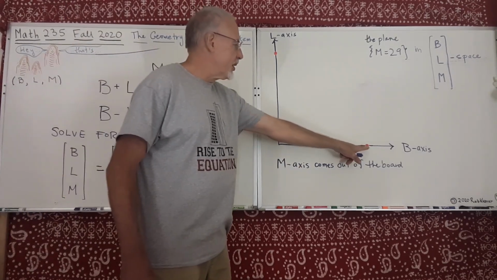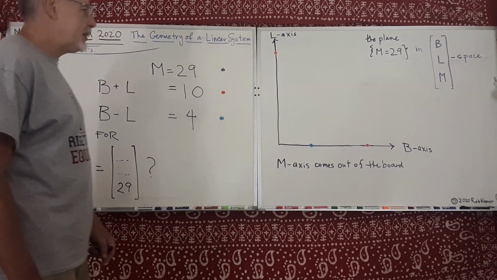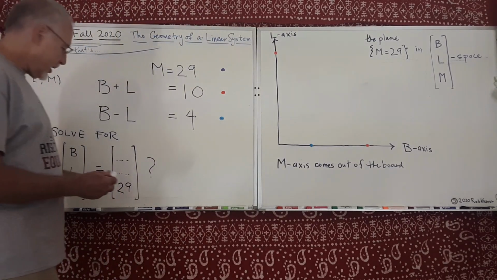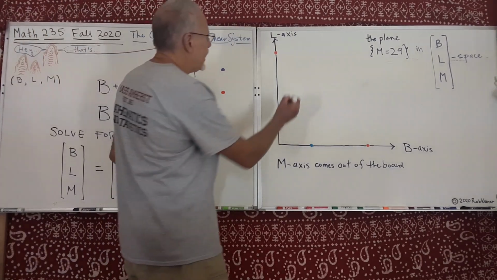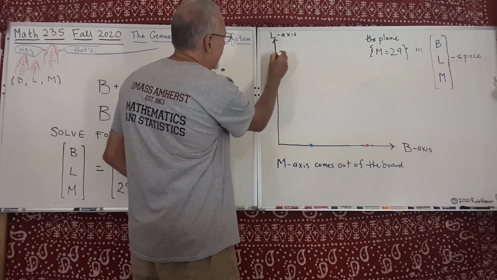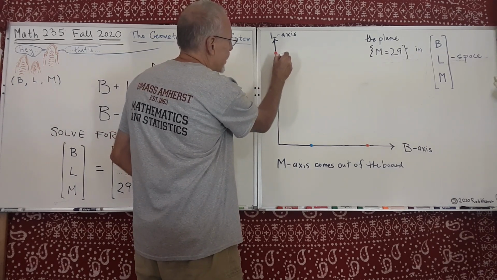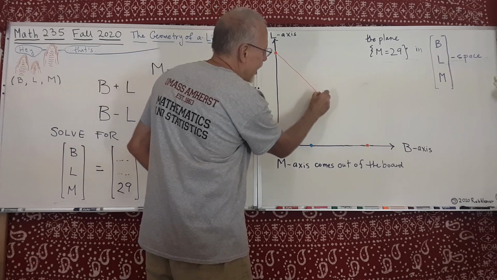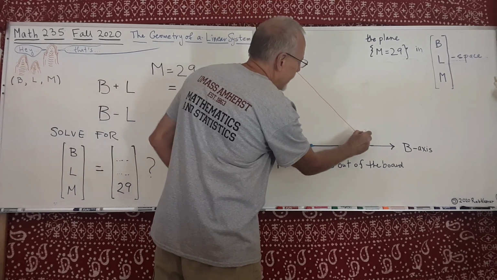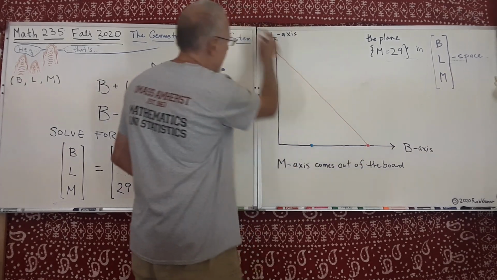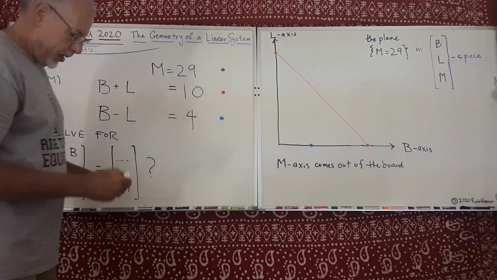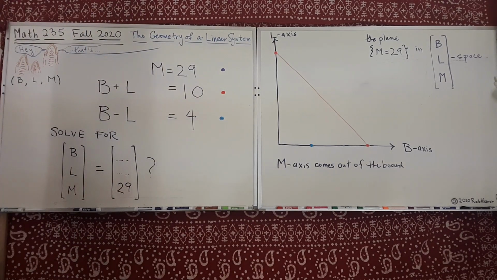Another solution occurs when l equals 0 and b equals 10. And the solutions that are on that line to b plus l equals 10, I'll draw like this. And of course, it continues into the negative parts as well, but let's just draw that much.